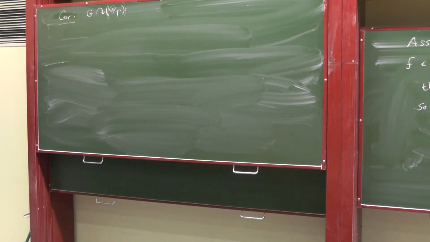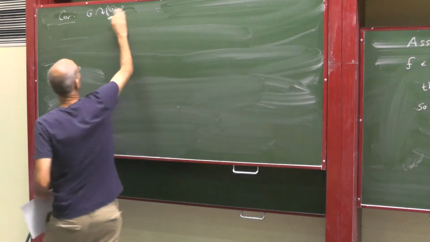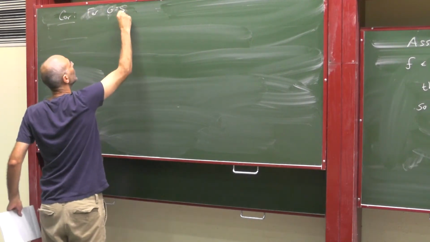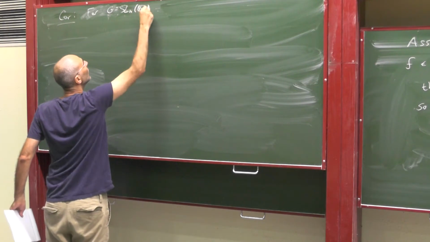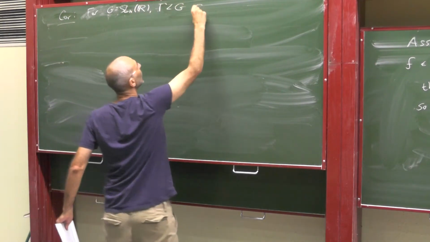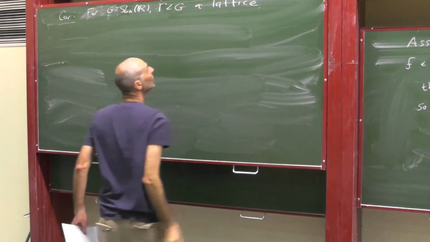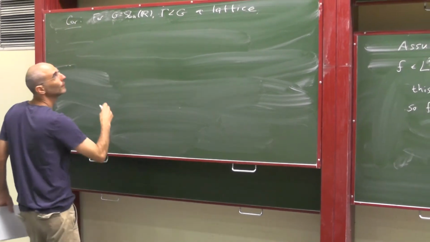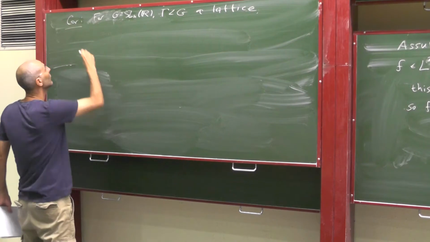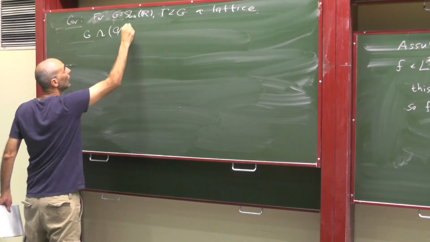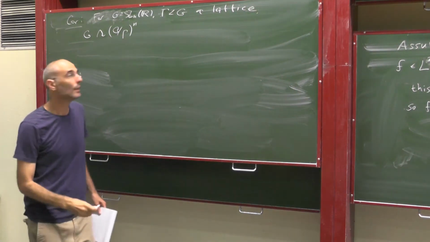So this, for G being SLN R, gamma in G a lattice. So the action of G on G mod gamma square, or actually G mod gamma to the n, I claim, is ergodic.